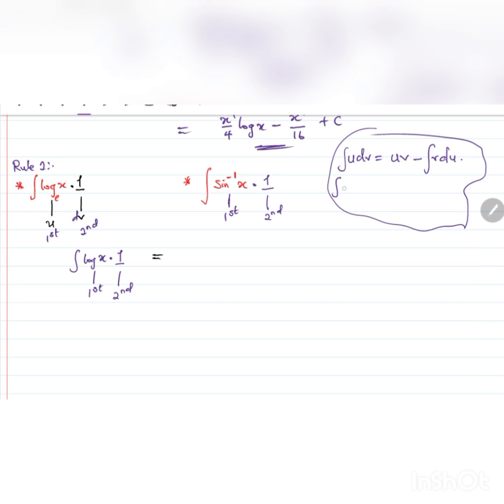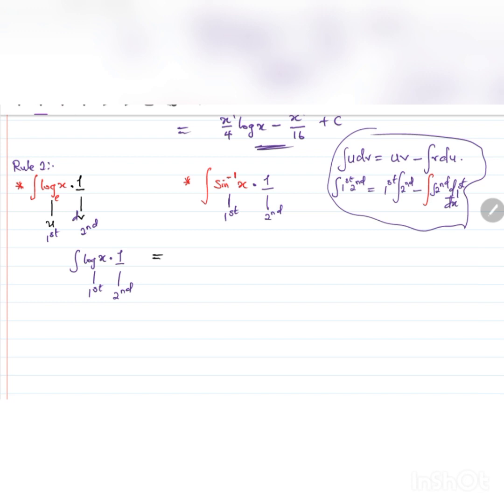That is, the integral of the first and the second function is equal to the first function times the integral of the second function, minus the integral of the second function and the derivative of the first function. Okay, now applying that formula, the first function is log x, the second function is 1.